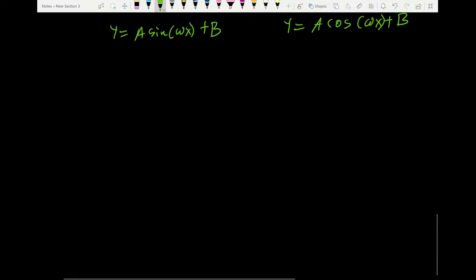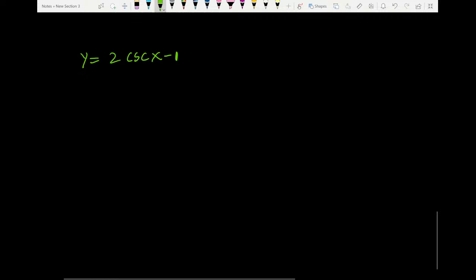So let me go directly into one of the problems. y equals 2 cosecant of x minus 1. Let's graph that. Well, right away, cosecant is hard to graph, but we can graph 2 sine of x minus 1.